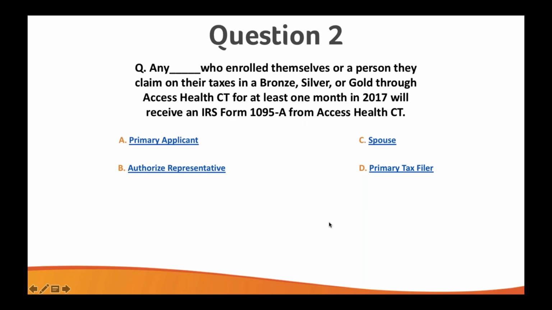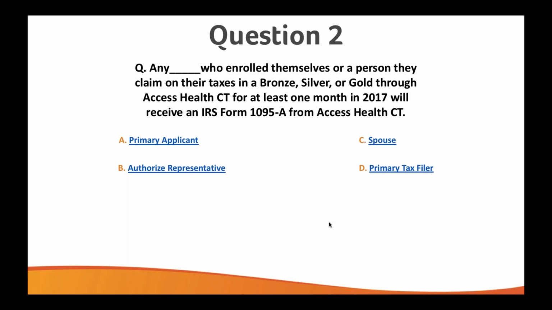Next question. Okay, question 2. Anyone who enrolled themselves or a person that they claim on their taxes in a bronze, silver, or gold plan through Access Health for at least 1 month in 2017 will receive an IRS Form 1095-A from Access Health CT. Is it A, the primary applicant, B, the authorized representative, C, the spouse, or D, the primary tax filer? We have one person saying primary tax filer, one person saying primary applicant.